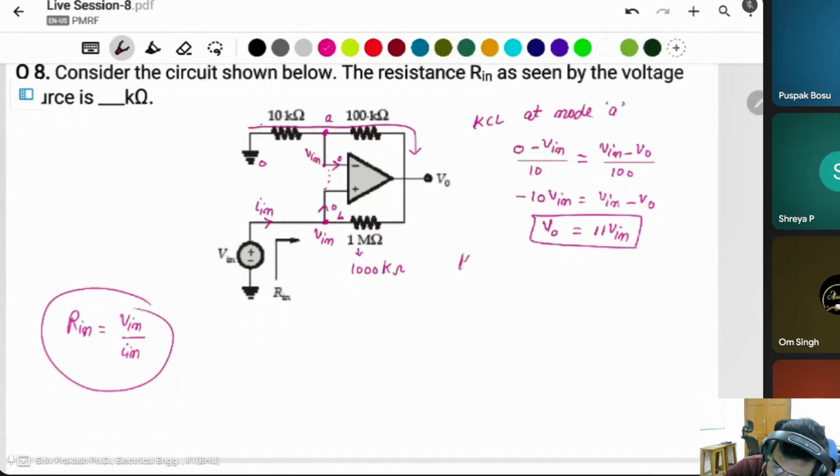Same, apply KCL at node B. Current flowing like that.